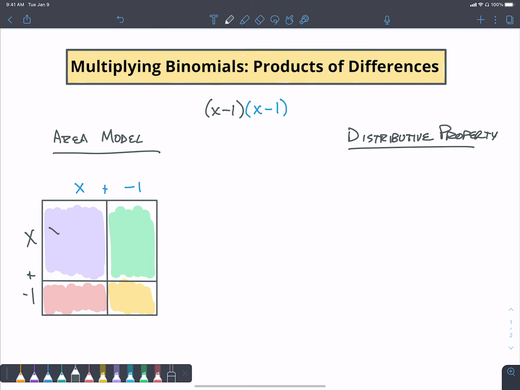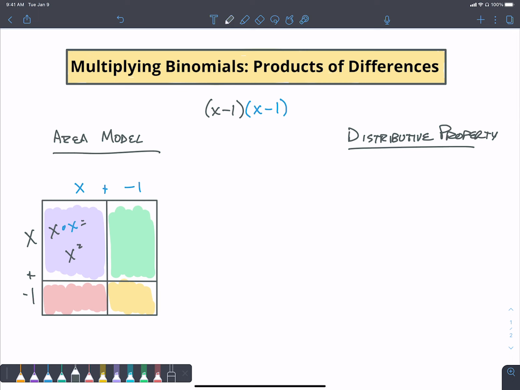So we're going to take x times x, and that's going to give us a value of x squared. Let's make that a little bit clearer. x squared. We're going to take x for this dimension here and negative 1 for this. So again, don't worry that it's got a minus sign or a negative sign there.